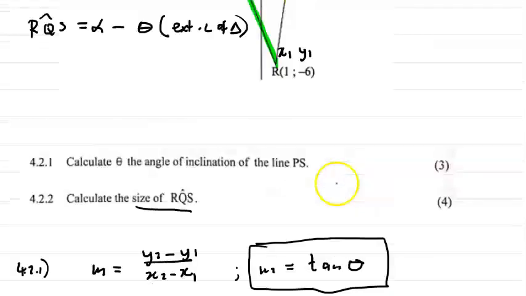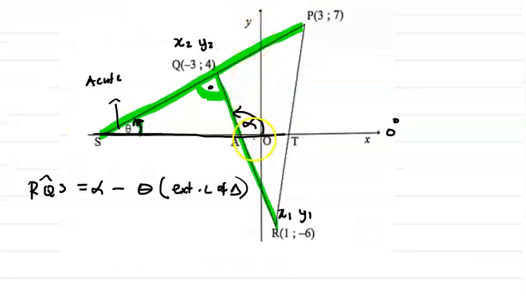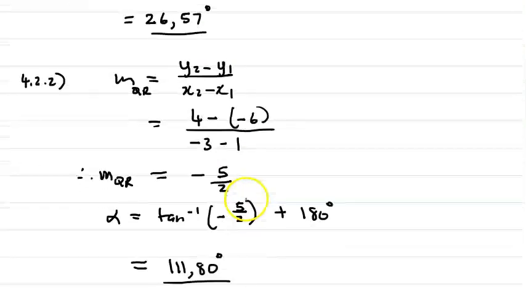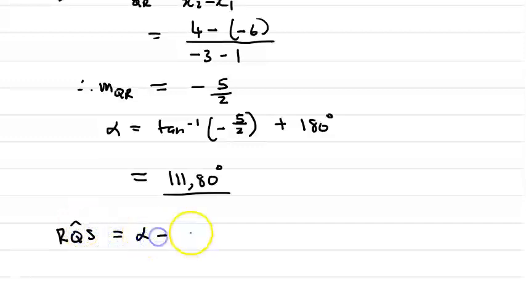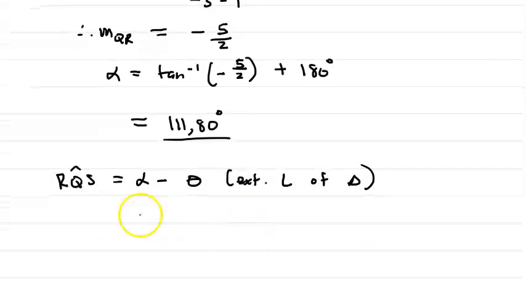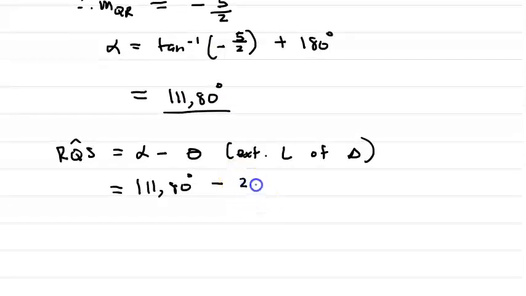Now remember what we established at the beginning of this question. RQS is going to equal alpha minus theta, exterior angle of triangle. So let's write that down again. RQS is equal to alpha minus theta, exterior angle of triangle, which is now going to equal 111.80 degrees minus 26.57 degrees.